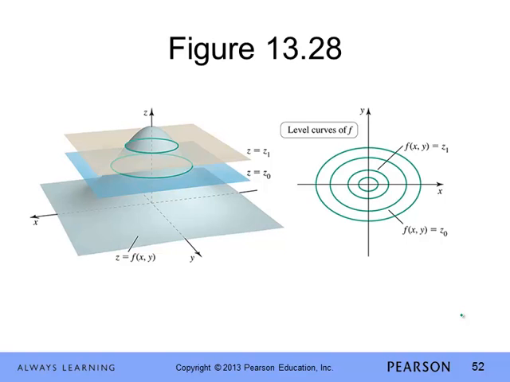If we were to shine a flashlight straight down, pointing toward the negative z direction, then the shadows of those contours would look like this on the xy plane. So this is the only information that we've got, and we can't see this surface over here. We can at least imagine that maybe there's some sort of dip or some dome, which would be the shape of the surface. That's the information that we get from the level curves.